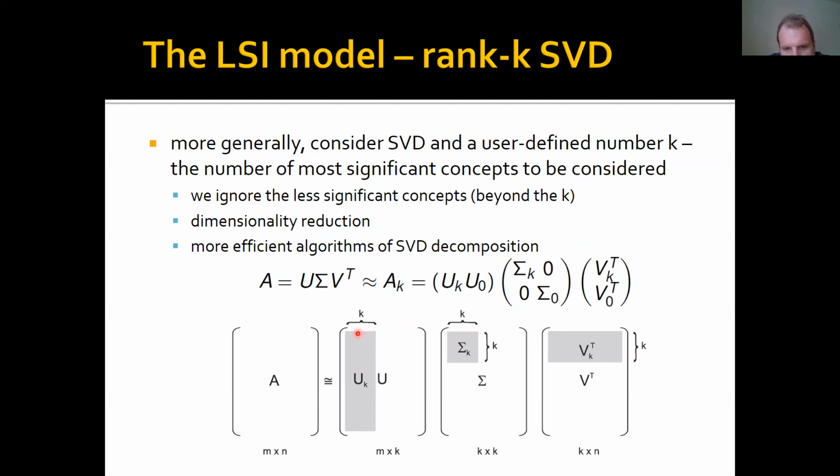And second, because we have sorted the singular values here and the singular vectors here, we can only take the most significant ones and omit the rest. Everything that is white is not significant.